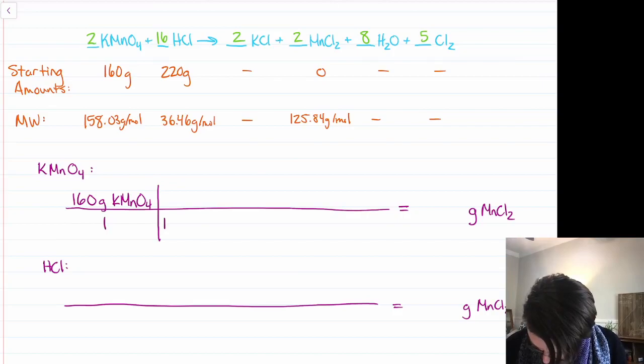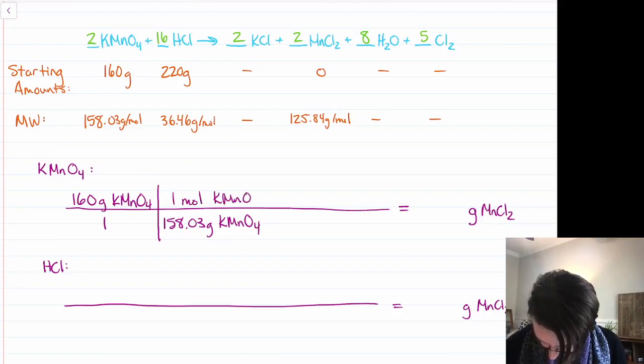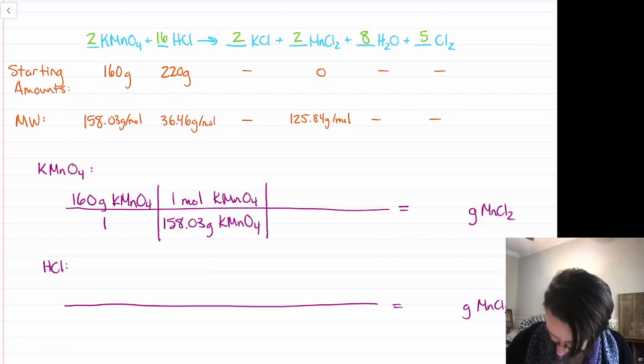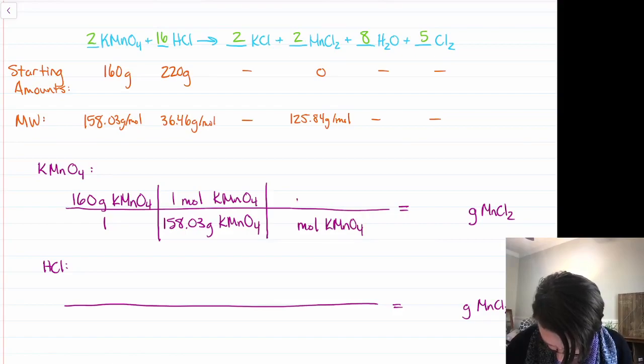And then using our molecular weight, that is going to be what allows us to get into units of moles. Next up, I need to do a moles to moles conversion. So I need to figure out how many moles of potassium permanganate correspond to our moles of manganese 2 chloride.